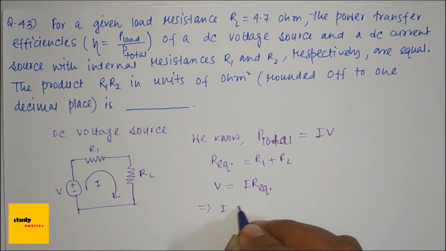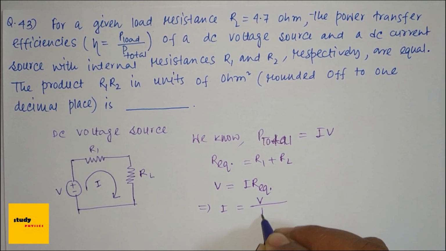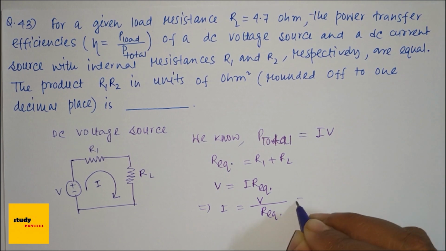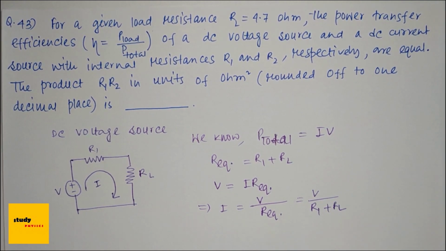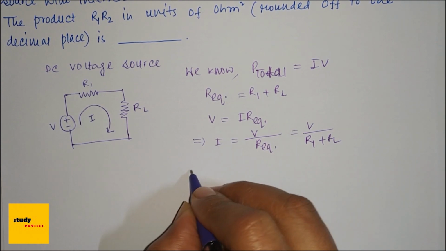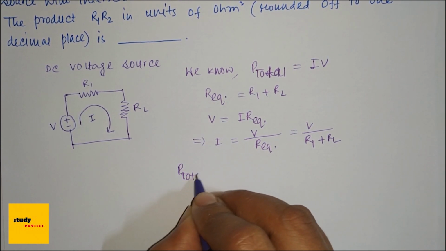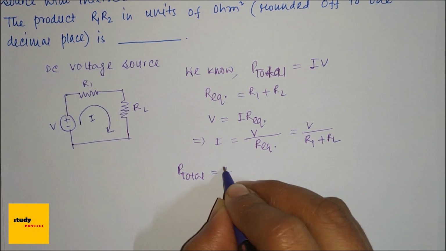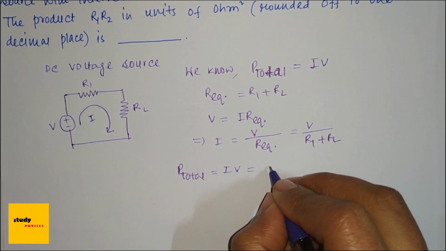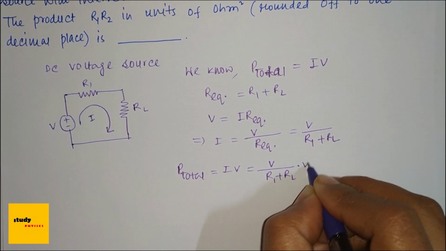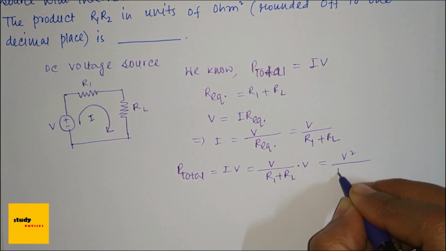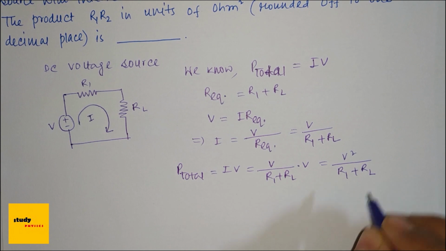Then I is V divided by R equivalent, which is V divided by R1 plus RL. So now P total is IV, which is V divided by R1 plus RL into V, which is V square divided by R1 plus RL.